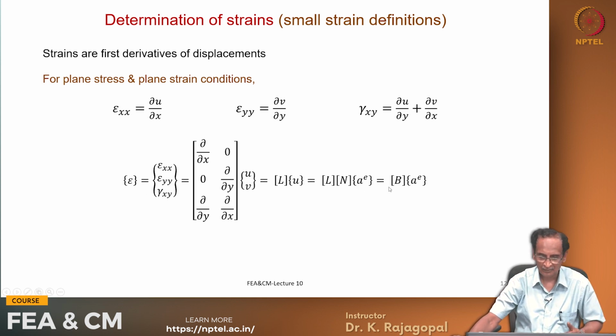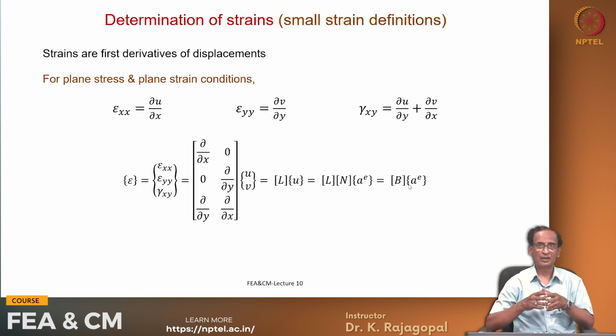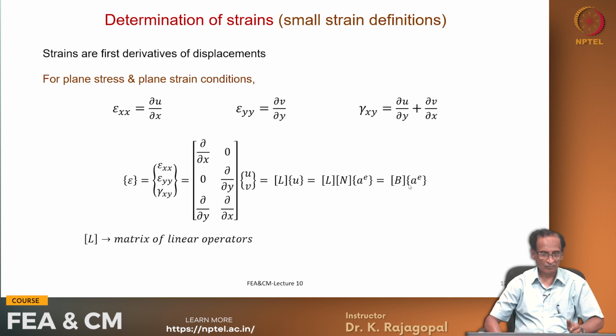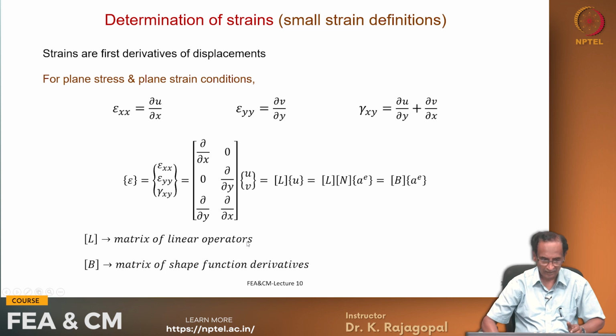So, epsilon is B times AE, and our B is a very important matrix that relates the displacements to the strains, or the strains to the displacements. L is the matrix of linear operators, and B is the matrix of shape function derivatives.